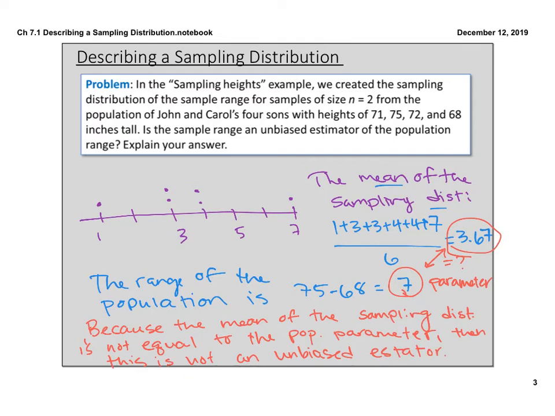So it's not an unbiased estimator of the population range.